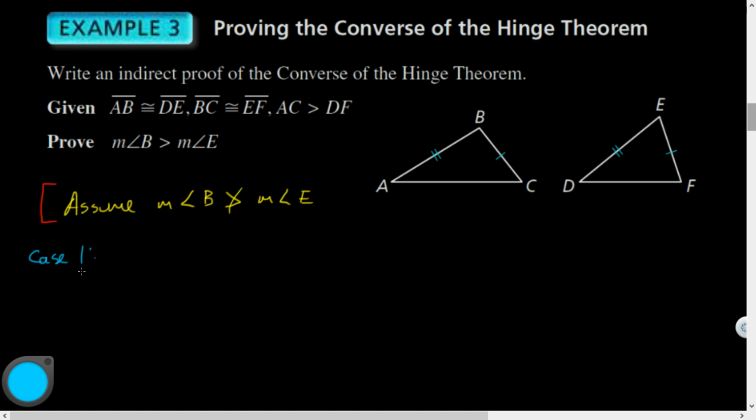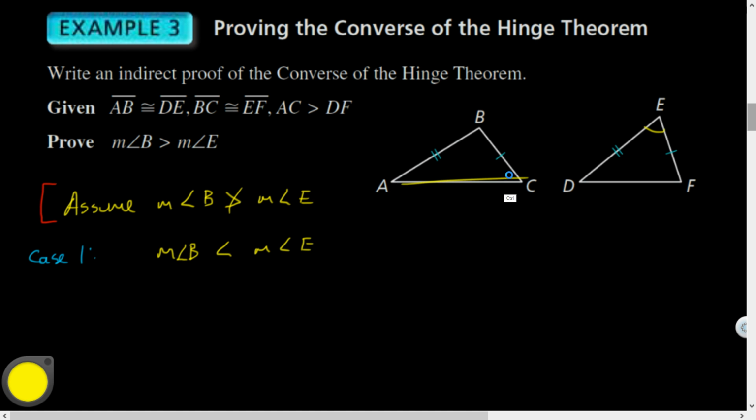Case 1 means the measure of angle B could be less than the measure of angle E. And if this angle is less than this angle, then what would I know about the sides here?